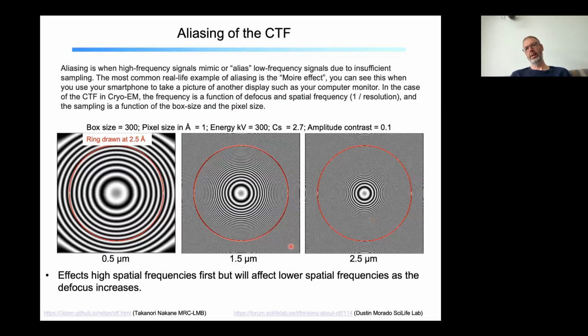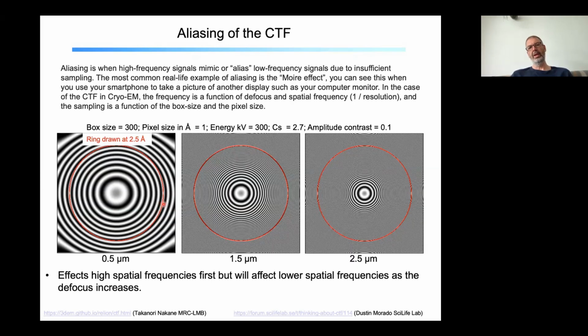The other thing that I wanted to mention, which is not something I really worried about when I was doing my PhD or for a chunk of my postdoc, was aliasing of the CTF. This is particularly relevant because a fair number of things that I do are standard data sets.